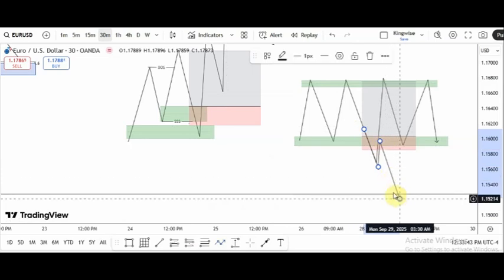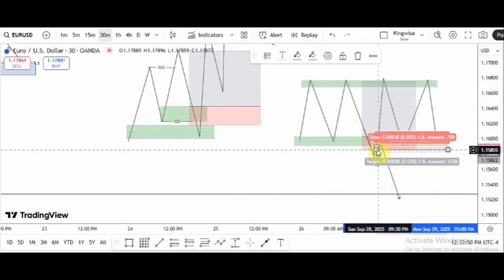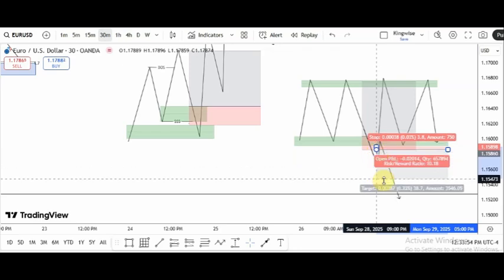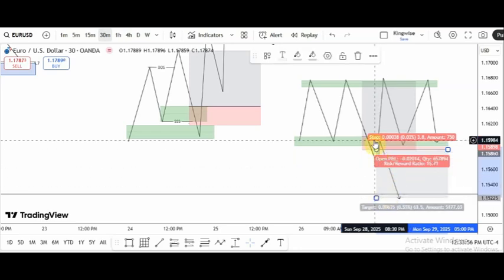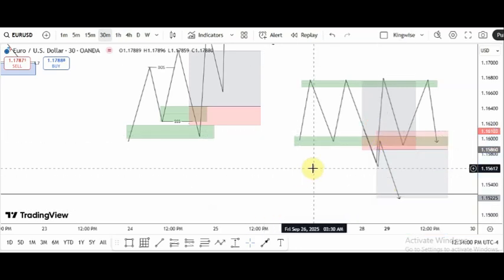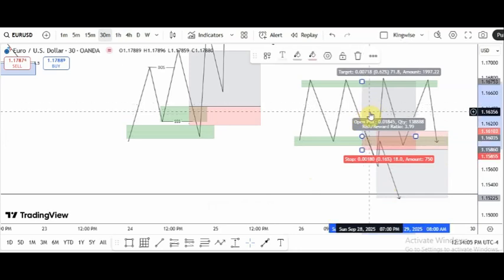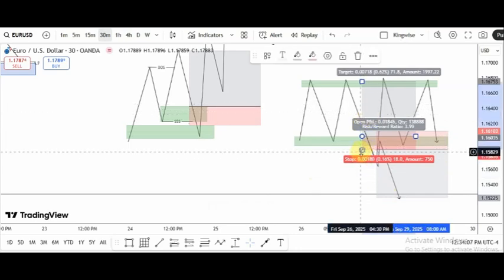So they would want to start selling. These breakout traders will start selling from this point. Oh, the market has broken out from the support. Support has turned resistance. Now let's put our stop loss here. So now the people that are buying have their stop loss triggered. They have lost the trade.